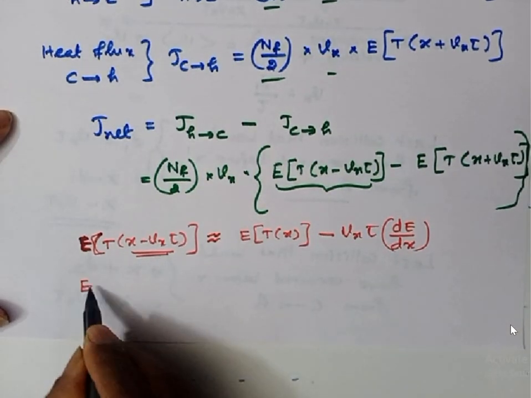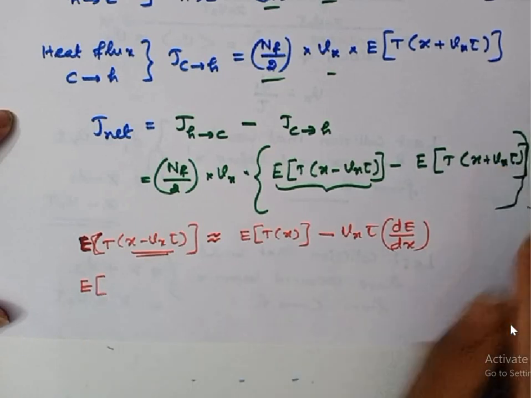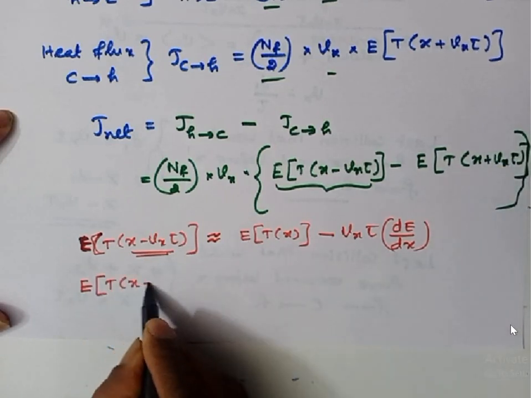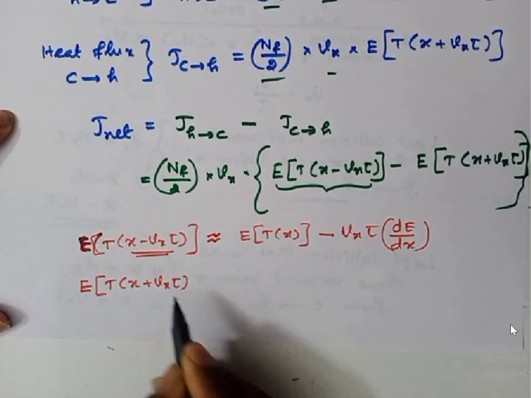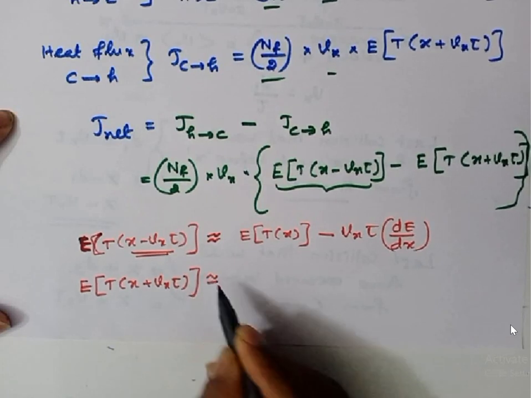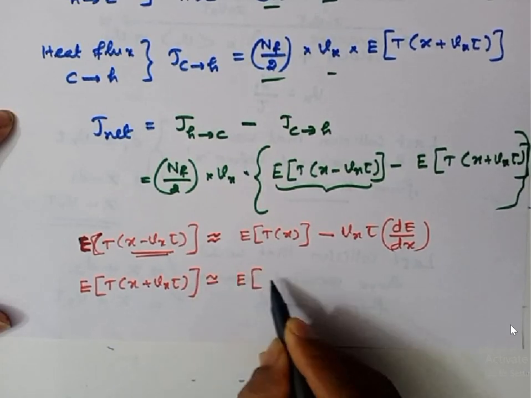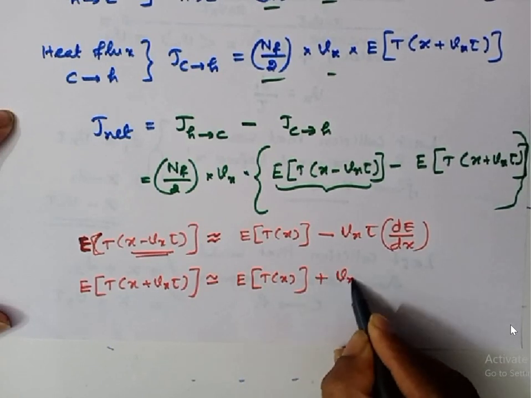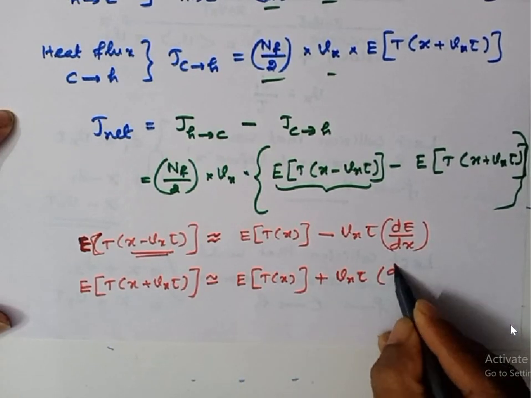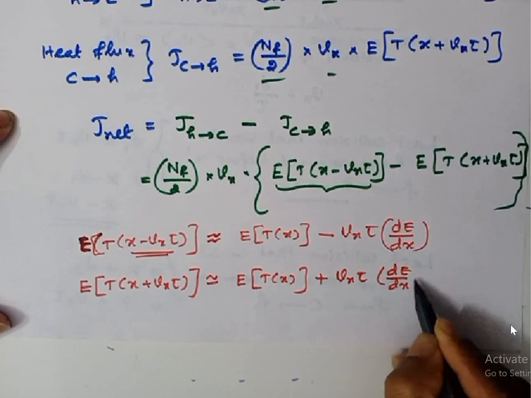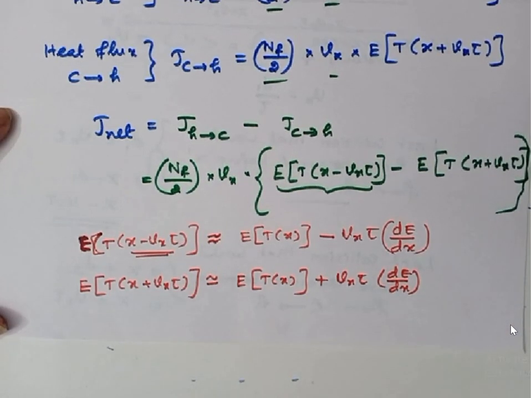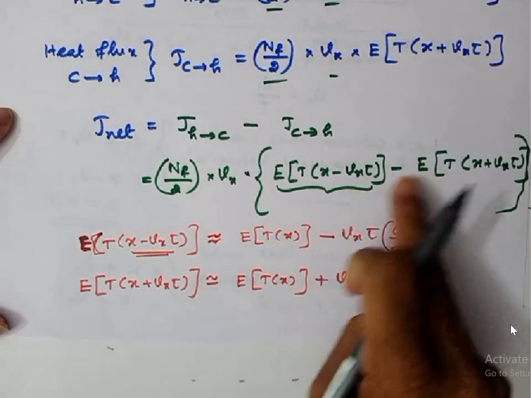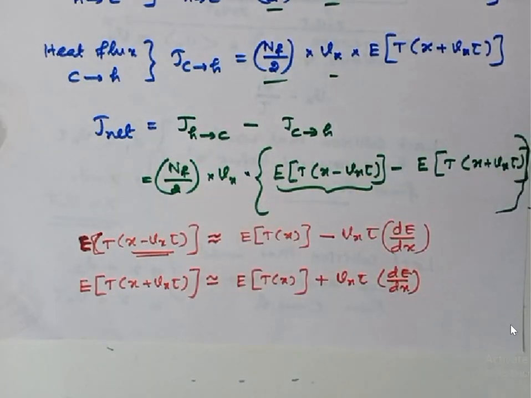Then what is the energy possessed by the electron at the location X plus Vx into tau? This is also approximately equal to the energy possessed by the free electron at the location X plus Vx into tau into dE by dx. Now I'm going to substitute these two here and subtract. So what we'll get, let me write in the next page.